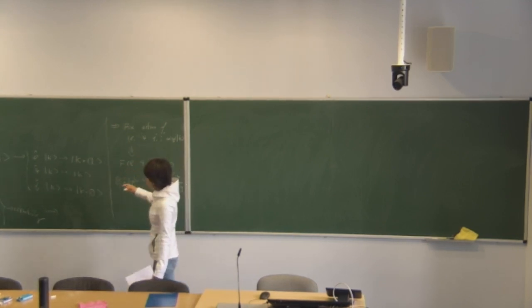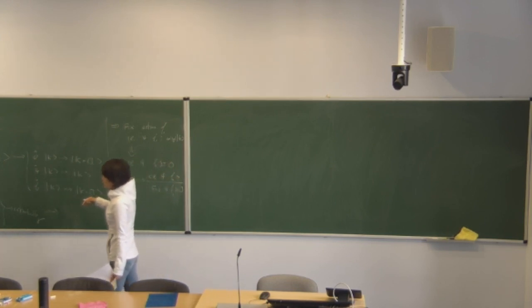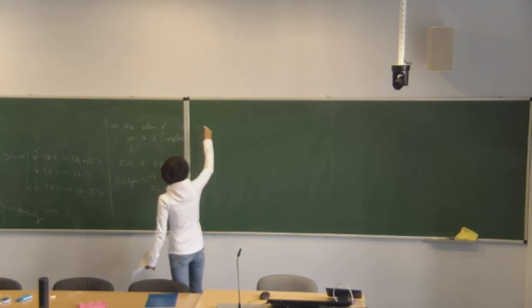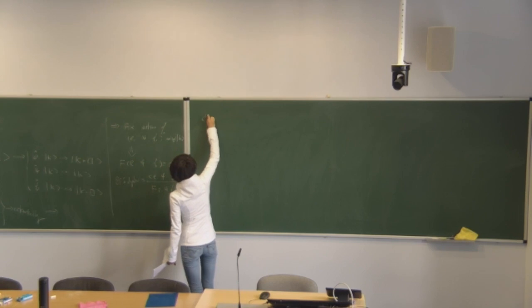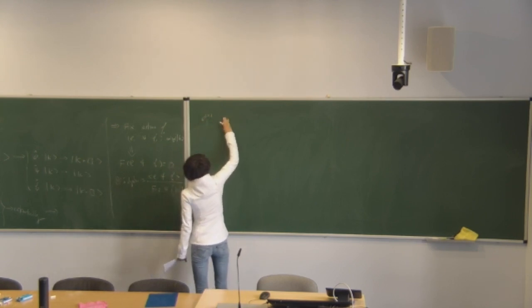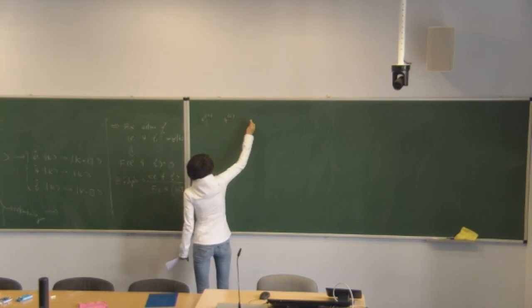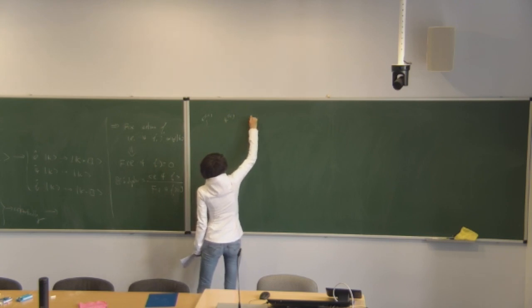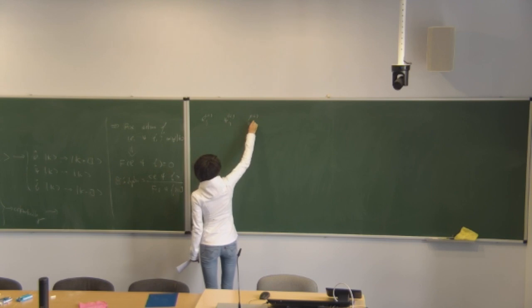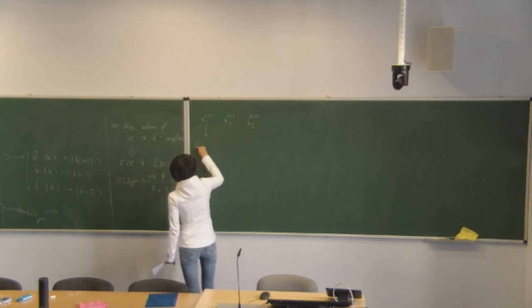So here a priori it is infinite dimensional. That means that we also have label. Remember, we want to organize them in terms of this field.